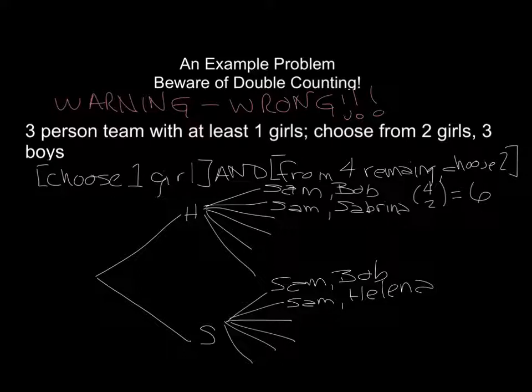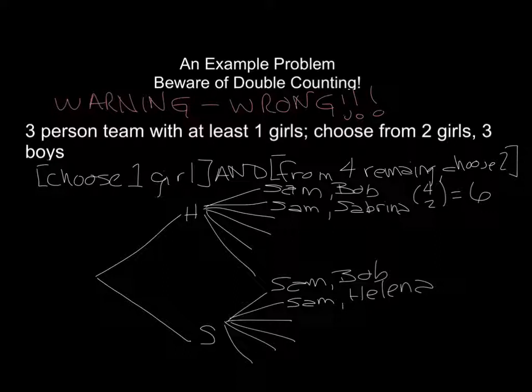Now, I've drawn enough of this tree diagram. As I said, I didn't fill it all out, but I've drawn enough so you can see where the problem is. Here, if we follow this branch, we get Helena, Sam, and Sabrina, which is the same team. If we follow this branch, we get Sabrina, Sam, and Helena. So here we have the same teams.